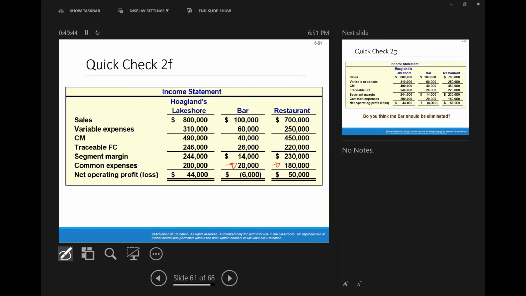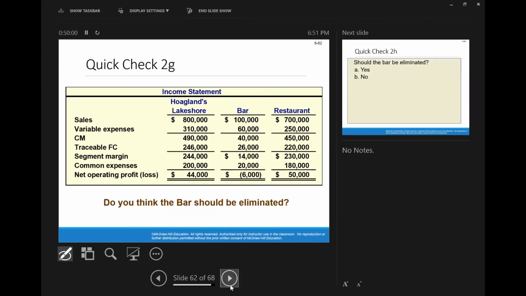So they both obviously are going to be reduced, but look what happens to the bar. It looks like it's losing money now. But can we get rid of that if we got rid of the bar? No. All right, so do you think the bar should be eliminated? Yes or no?